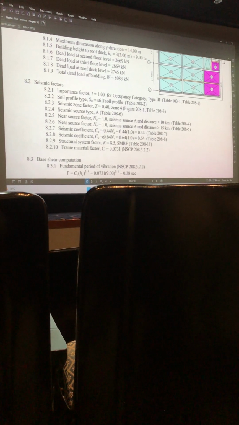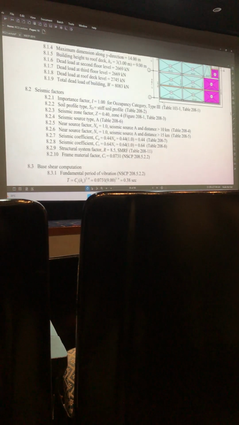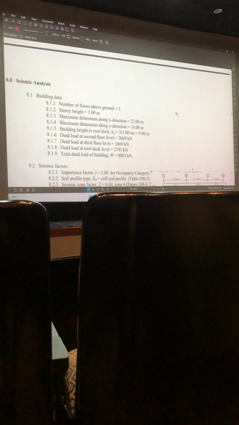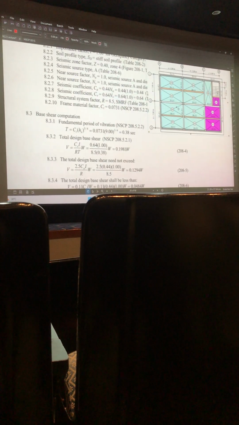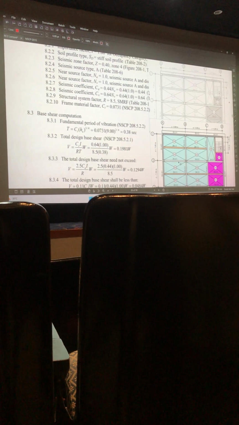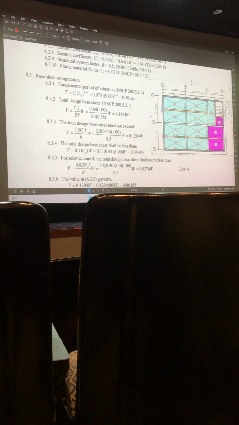So after having all these seismic parameters, then we can proceed to calculate the base shear. In the code, under seismic zone 4, there are 4 formulas for the base shear.